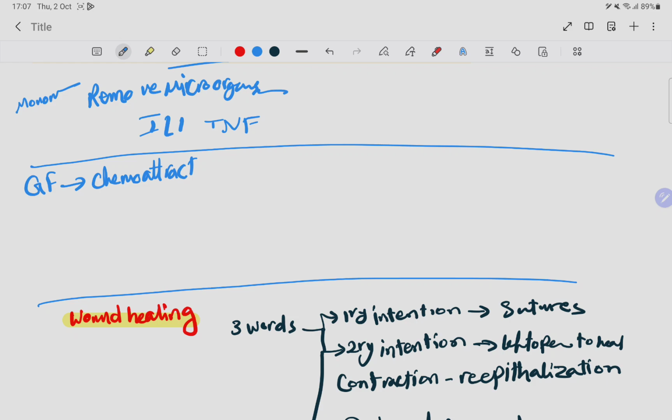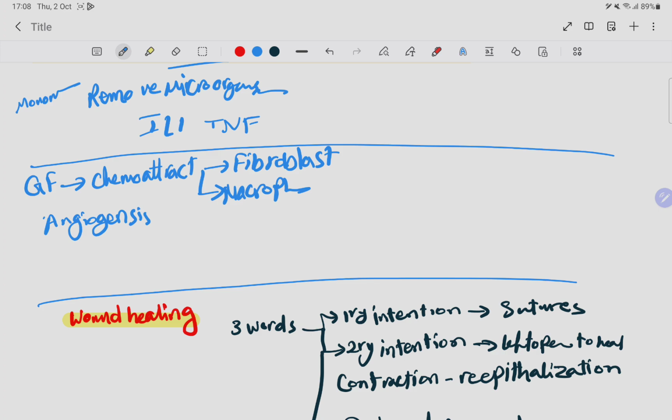This is a chemoattractant for fibroblasts also, to build the tissue that is damaged, and for macrophages. It helps in induction of angiogenesis, and angiogenesis is essential for removing the bacteria. There is also stimulation of extracellular matrix deposition.